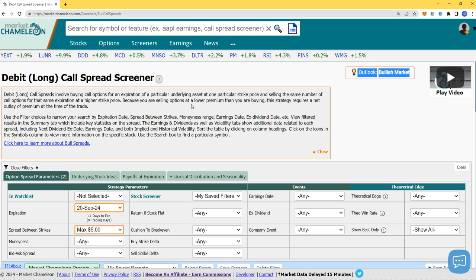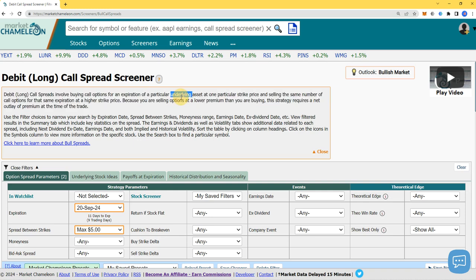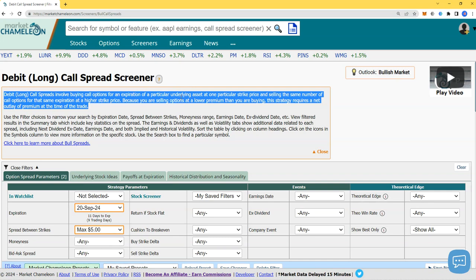Your goal, your assumption is the stock will go up from 100 to over 110. This is your max profit. Your max loss is if the stock stays below 105, because your call buying is at 105. So you need the stock to go above 105, and your max profit is if it goes to 110 and beyond.